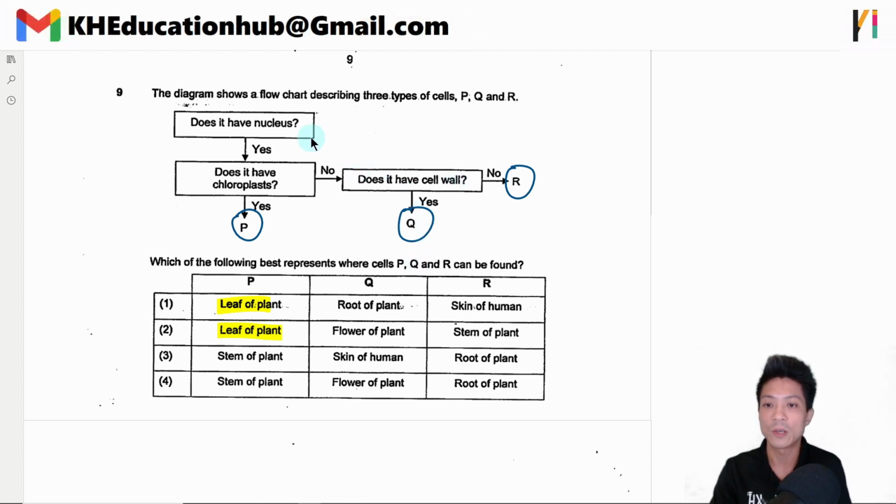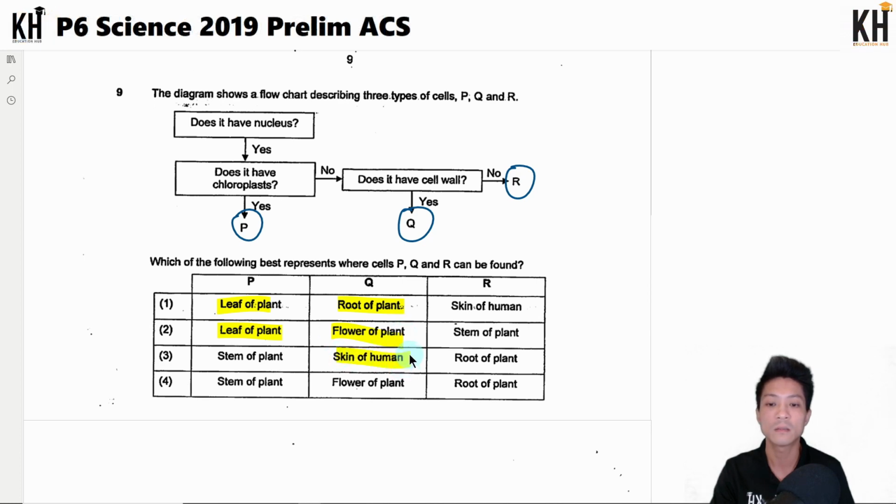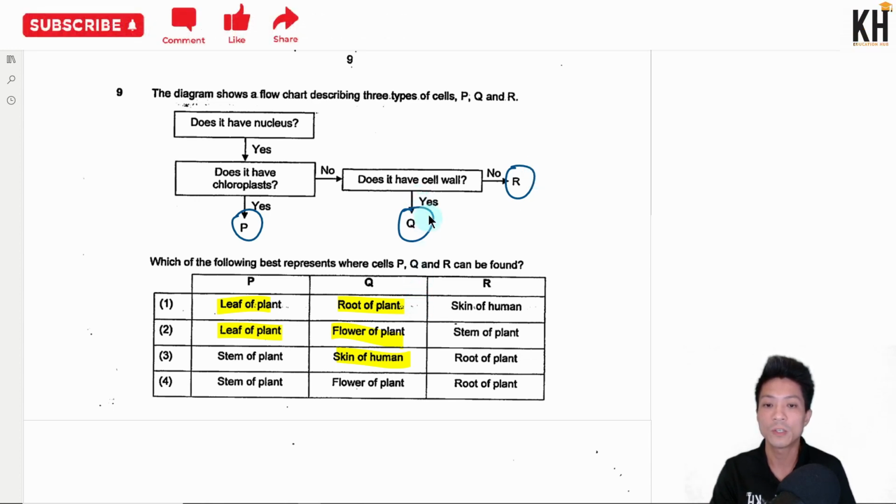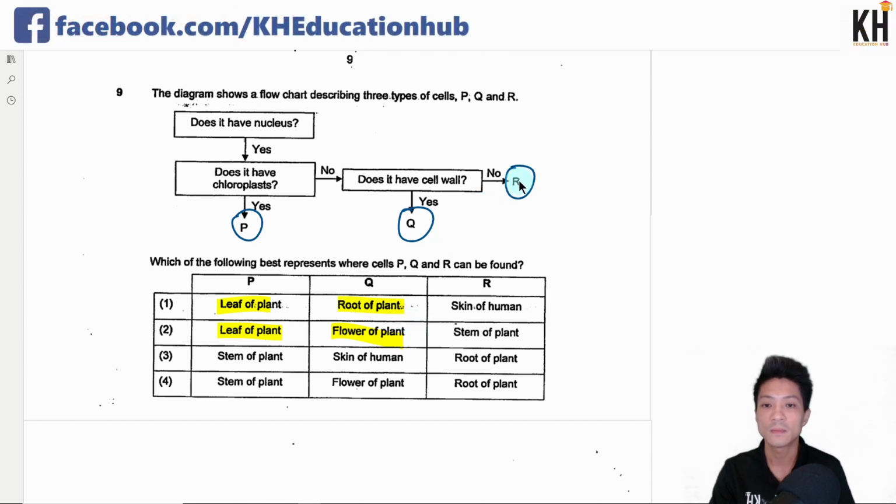Let's take a look at Q. Does it have chloroplast? No chloroplast. That means it may be the root, the flower, the skin. For R, oh, okay, hold on. For Q, does it have a cell wall? It has a cell wall, so it cannot be the skin of a human.